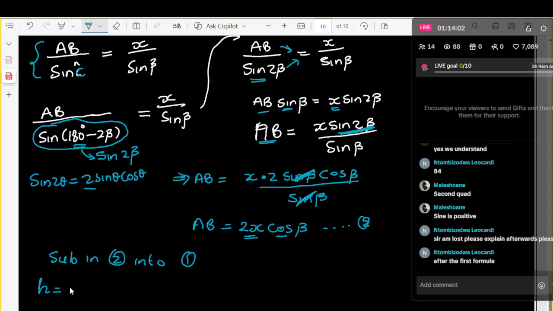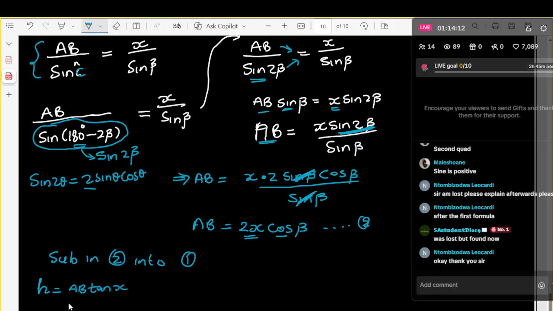So where there's AB, we need to put 2x, the cos of beta, multiplied by the tan x. So this is what h is equal to: 2x, the cos of beta, which is my AB, multiplied by the tan x.